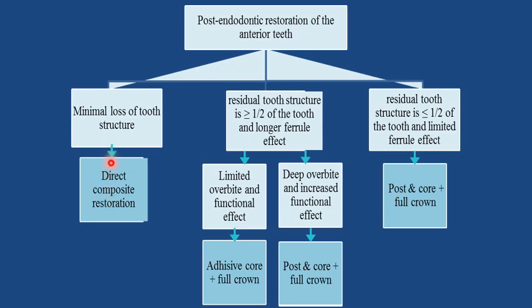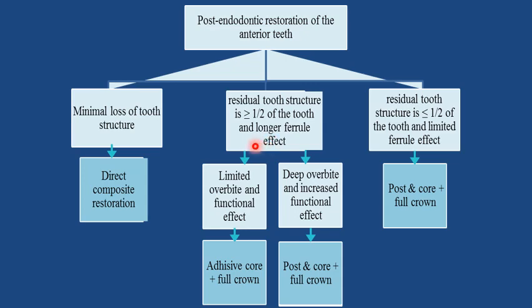But if we have case with larger cavity where the residual tooth structure greater than the half of the tooth with good ferrule effect, longer ferrule effect. In this case, we have to look for the occlusal load.